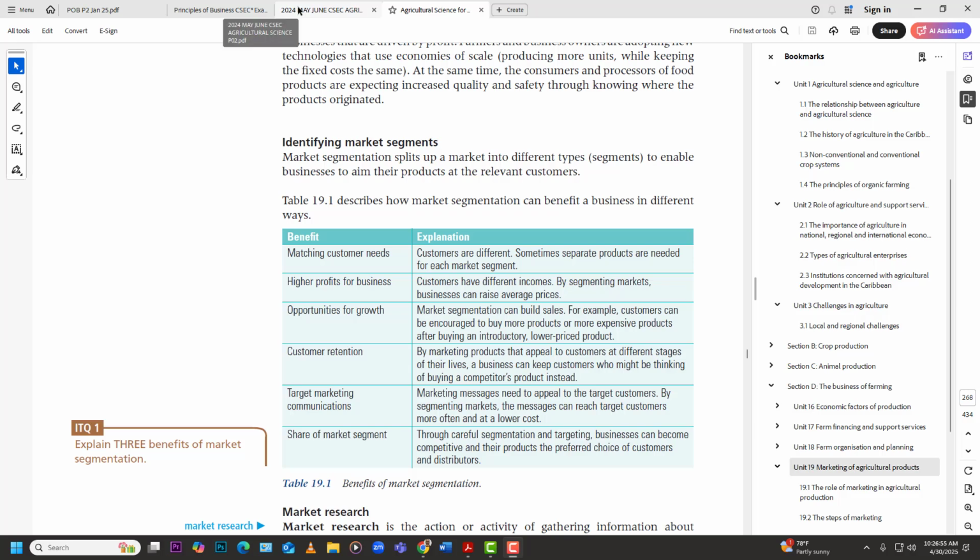And so you have a whole list out there that can help you to retain certain markets, as they say, your customer retention. By marketing products that appeal to customers at different stages of their lives, a business can keep customers who might be thinking of buying a competitor's product, right? So you might be able to approach a certain consumer on a personal level, maybe to sell them on a personal level, and then you know what they want, you know what they like, so you're able to say, okay, let me put this aside for Mr. John, or let me put that aside for Mary.